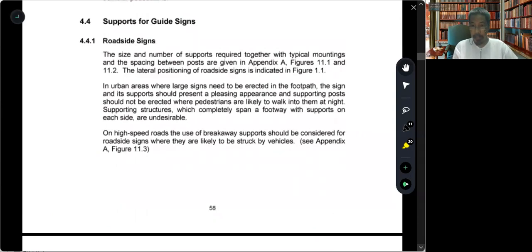So as a civil engineer, later on, we might have an opportunity to get involved in a project putting up road signs. There are engineering plans for these supports and the making up of the sign itself. So we have to follow this standard.